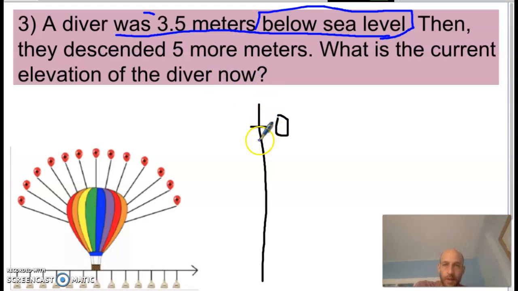Okay. So let's say this is negative 3. This is negative 4. Negative 3.5 is in between those two. Okay, so there's negative 3.5. And that's going to be my starting value in my expression.